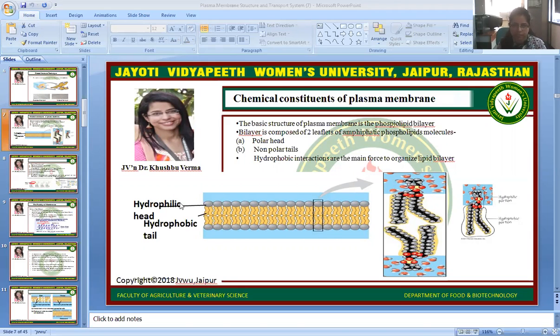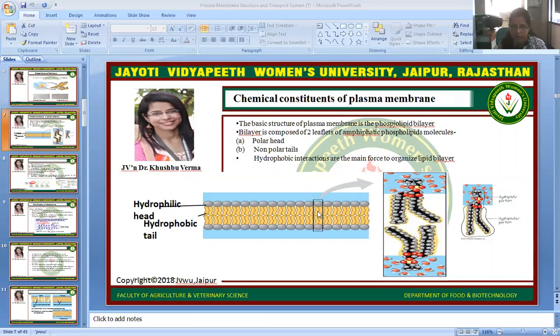Here we can see the structure of the lipid bilayer, which is composed of two layers of lipid molecules, phospholipid molecules. This is the enlarged structure of one area. Here two lipid molecules face each other with their fatty acid tails.